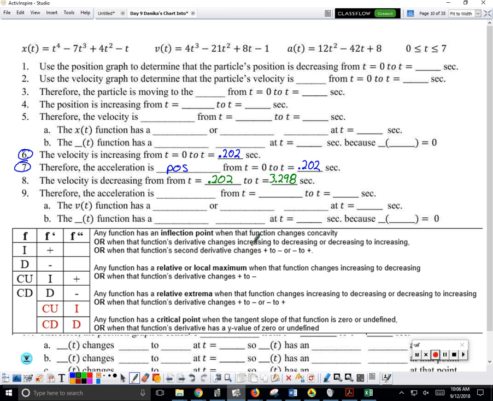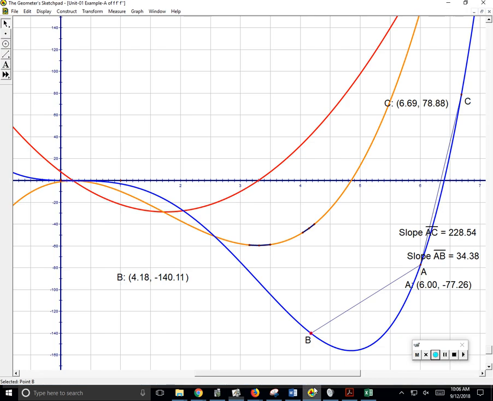So when I look here, I see the velocity graph going down until I get to about this location. That has to coincide perfectly with when the acceleration y coordinates stop having negative y coordinates and start having positive y coordinates. So I find this 0 right here on my calculator, and that turned out to be 3.29.